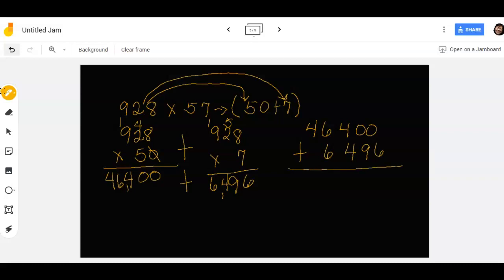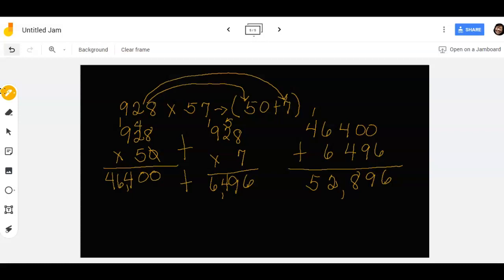I would add 0 and 6, that gives me a 6. 0 plus 9 is a 9. 4 plus 4 is an 8. 6 plus 6 is 12, so 2 carry 1. 1 plus 4 is a 5. Finally, my answer is 52,896.